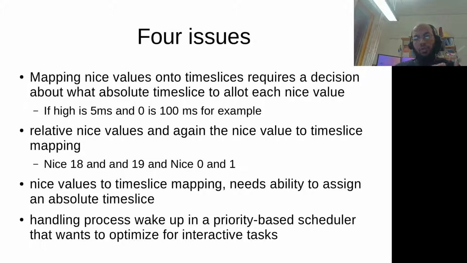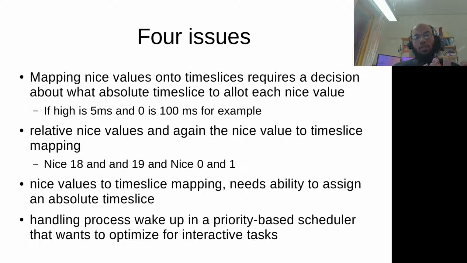When you fire up your video, or when you fire a shot in your Half-Life game, you want it to be interactive, so you want it to run right away. You do not want it to be scheduled later, and then you see the effect like 1 second later, because you just have a lot of processes.